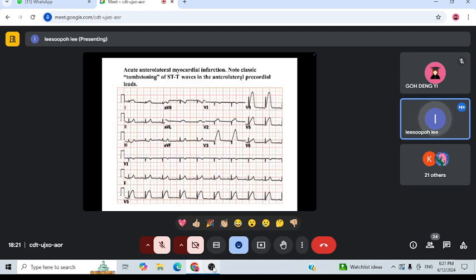So this is one example of an ECG. Usually an exam will come out like that: a patient comes in with chest pain, below is the ECG, and what does this ECG show, or what is the diagnosis? Usually that's how the questions come out. The first thing when you see an ECG is to check whether this is a sinus rhythm or not.